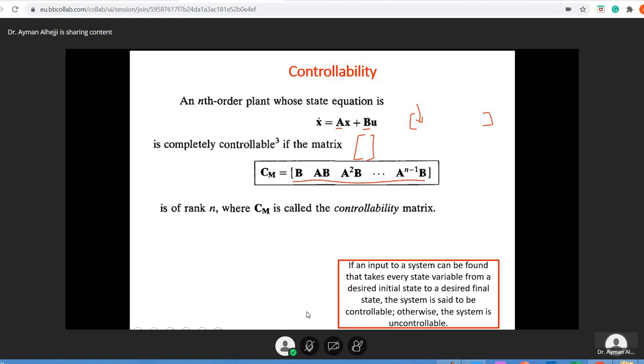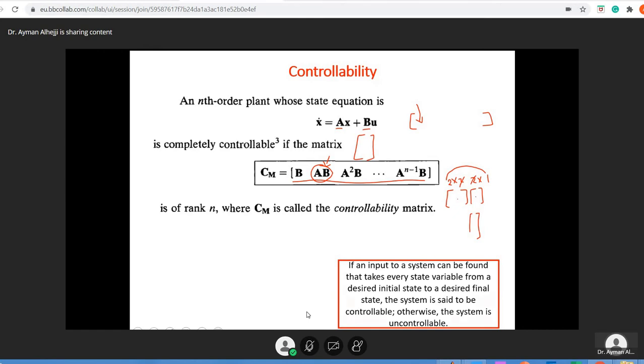We put B in the first column, and then we multiply A and B. When we multiply A and B, with A as a square matrix and B as a vector, you will get a vector. How? If this is 2 times 2 and this is 2 times 1, this 2 goes with this 2, and what's left? 2 times 1. So the result will be 2 times 1, right?